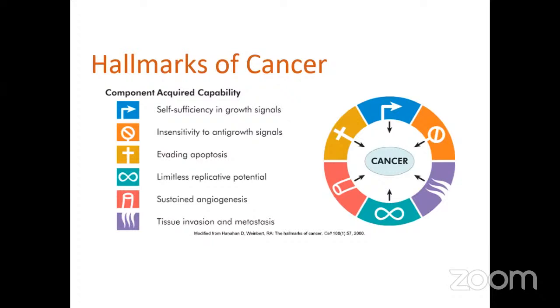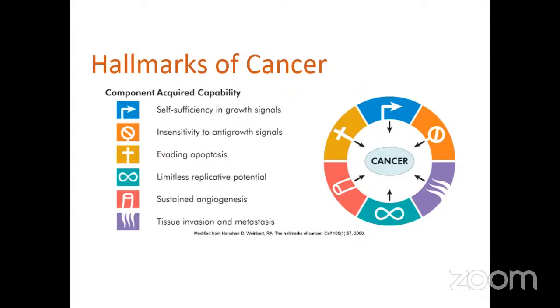But if that apoptosis control is lost, then it can become cancer. Then there will be no death for the cell, and limitless replicative potential. They will be continuously replicating. So that is limitless replicative potential.